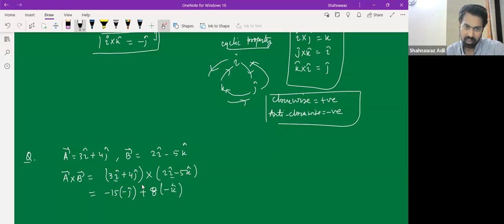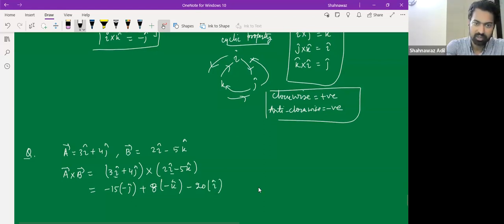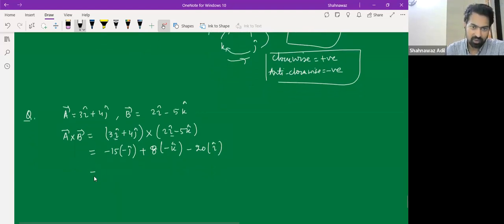And then we have j cross k, so minus of 20. J cross k is how much, Rishita? I. Yes, i. So then we will have minus 20i plus 15j plus 8 minus 8k.